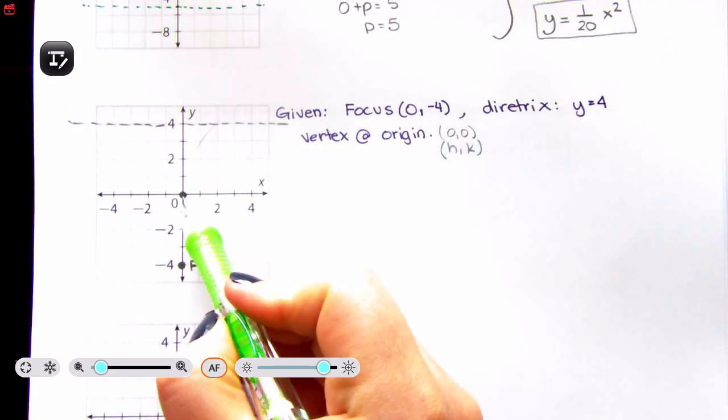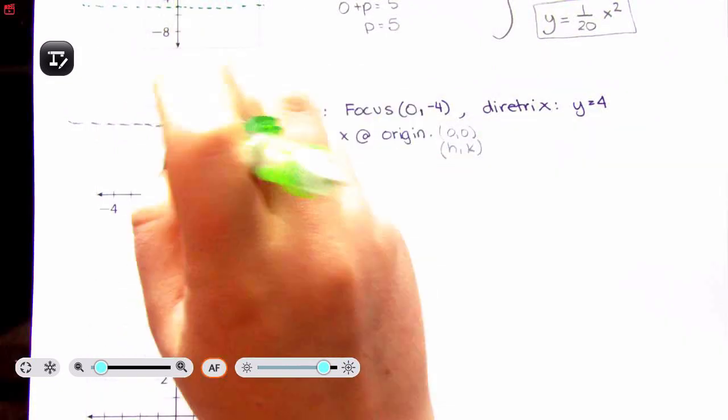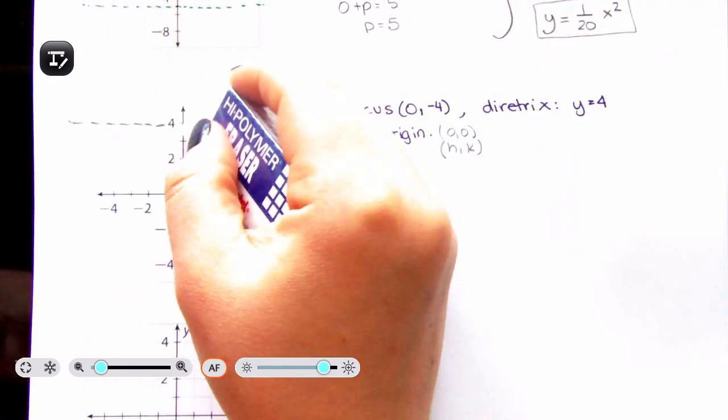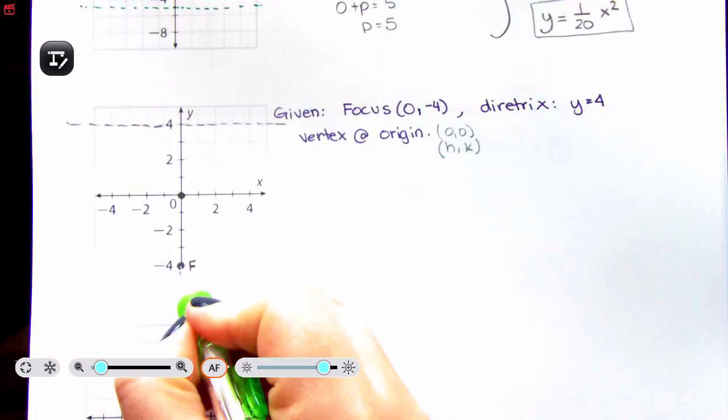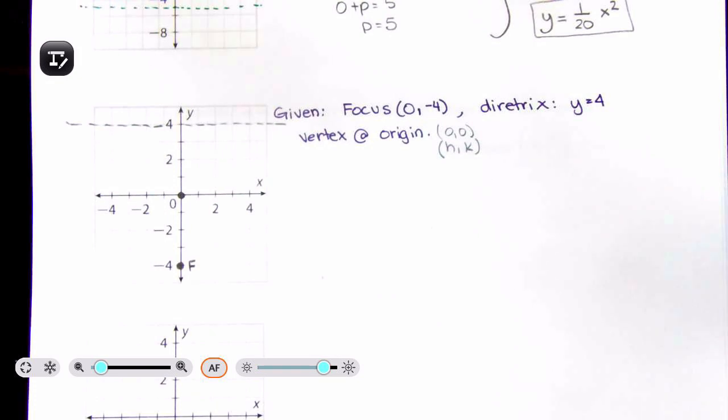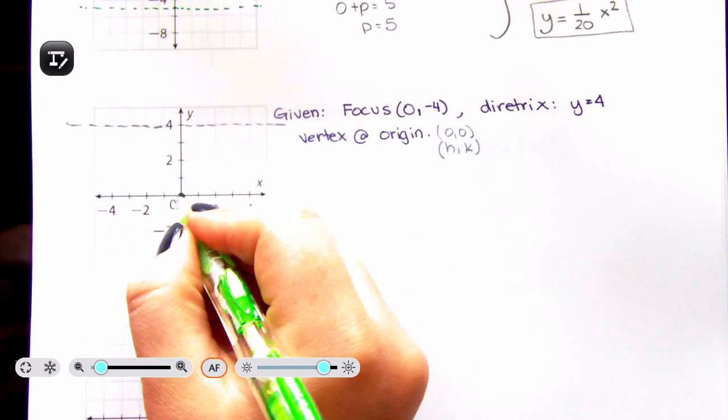If we have it facing upward, your focus is not inside your parabola. So the only way to have your focus be inside the parabola is if we go downwards.